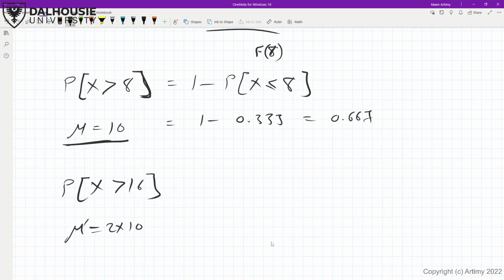So I have to increase the average, multiply it by two days. If somebody asks you for a week, then you have to multiply it by 7, right? So now I can repeat the same thing, but with a mu of 20 instead of mu of 10.